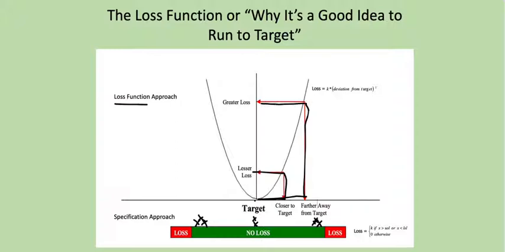And that loss is usually determined by some kind of function. So here we have this curvy line. This is what's called a quadratic function. The way it works is that as you move away from target, you're not just increasing your loss in a linear way. It's actually getting worse and worse fairly quickly. So this is the loss function approach.